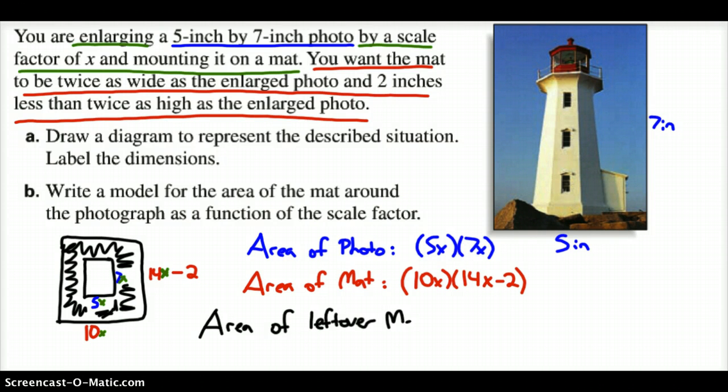or that shaded region that I just drew in there, that's going to be equal to the area of the whole mat, we'll call it area of mat, and I'll call that the total area. You can see how the red corresponds there. Then we're just going to subtract the area of the photo.